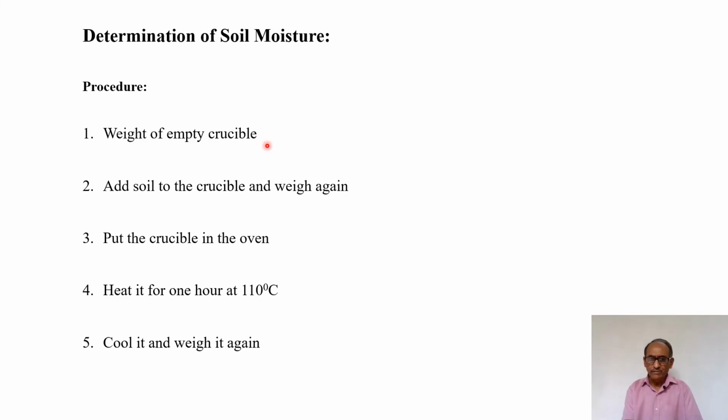So first is the weight of the empty crucible. Then you'll have to add soil in the crucible and weigh again. Then this crucible will have to be put in the oven, and we'll have to give heat for about 1 hour at 110 degrees Celsius. Then you can cool it down and weigh it again. So this is a simple procedure.